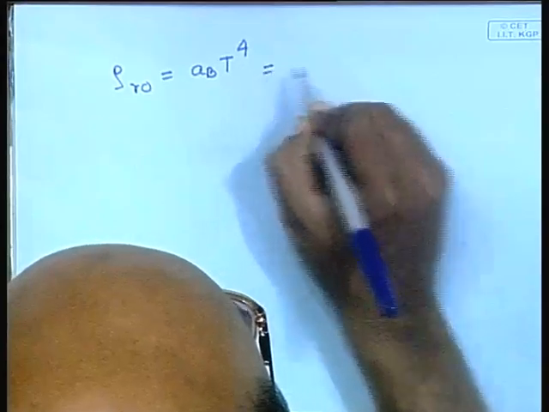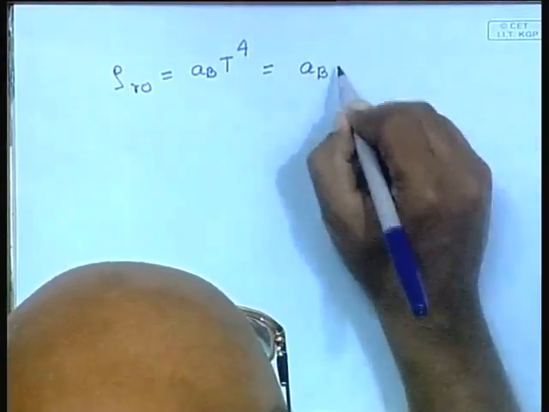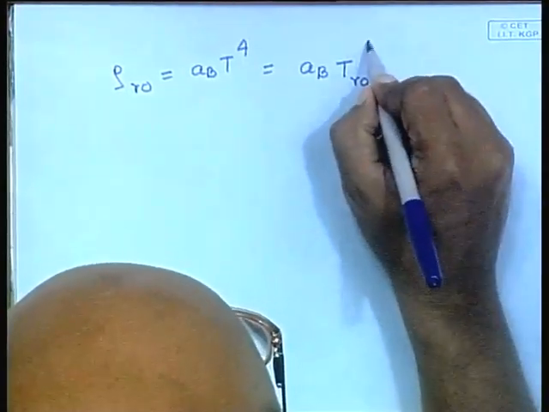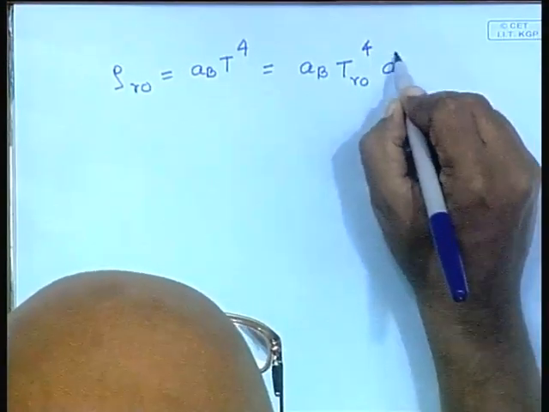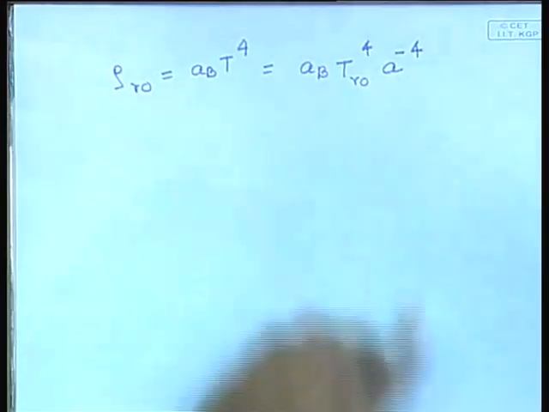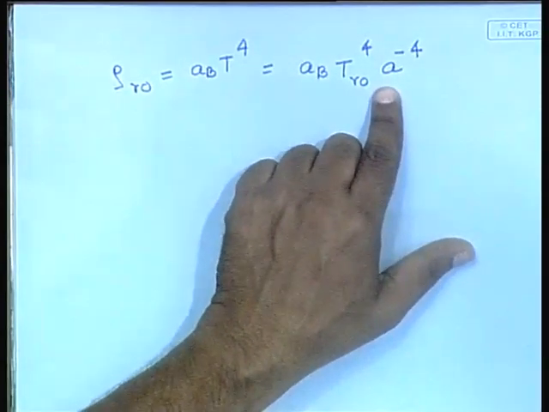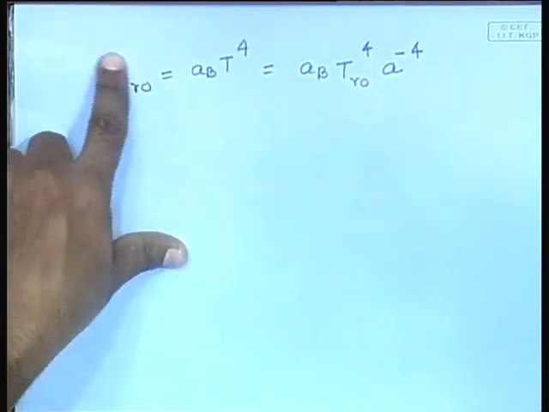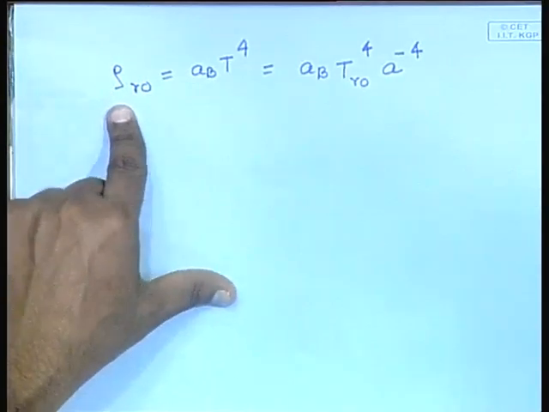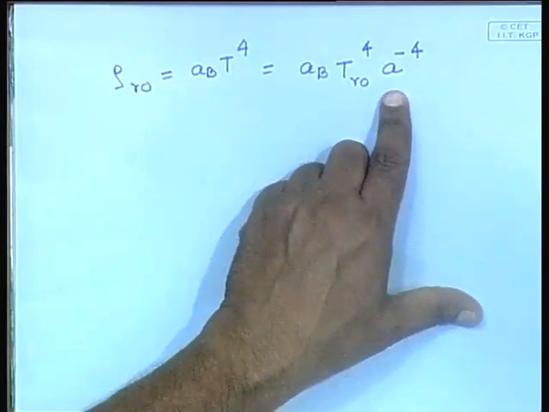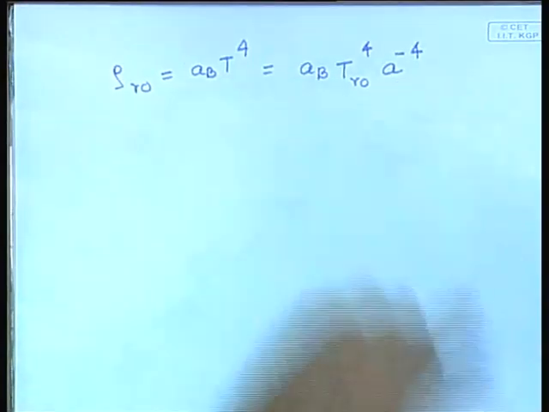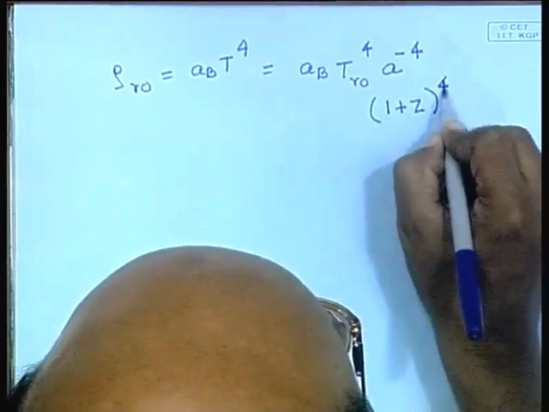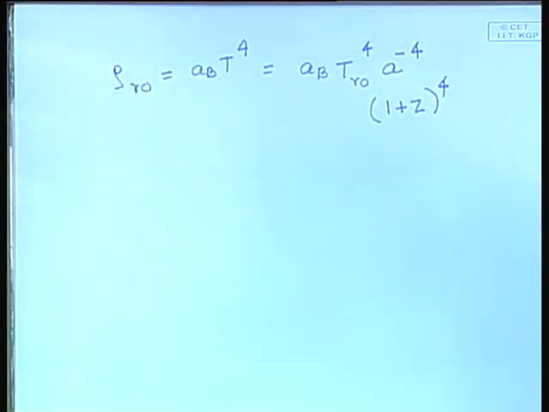So, this is going to be the present value of the photon energy density into a to the power minus 4. So, as you go into the past, as the universe gets smaller and smaller, the energy density in this radiation component, the cosmic microwave background radiation, scales as the scale factor a to the power minus 4, or you can write this as (1 plus z) to the power 4. It scales up with redshift as follows.